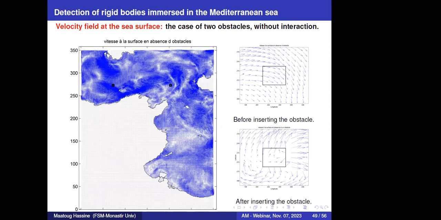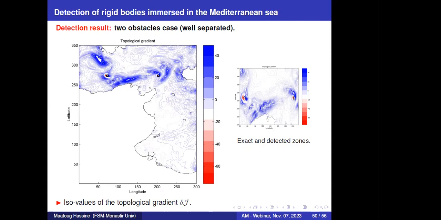So, with our numerical detection process, we obtain this ISO value of the topological gradient where the most negative value coincides with the exact location. So we have a good detection of the obstacle location.